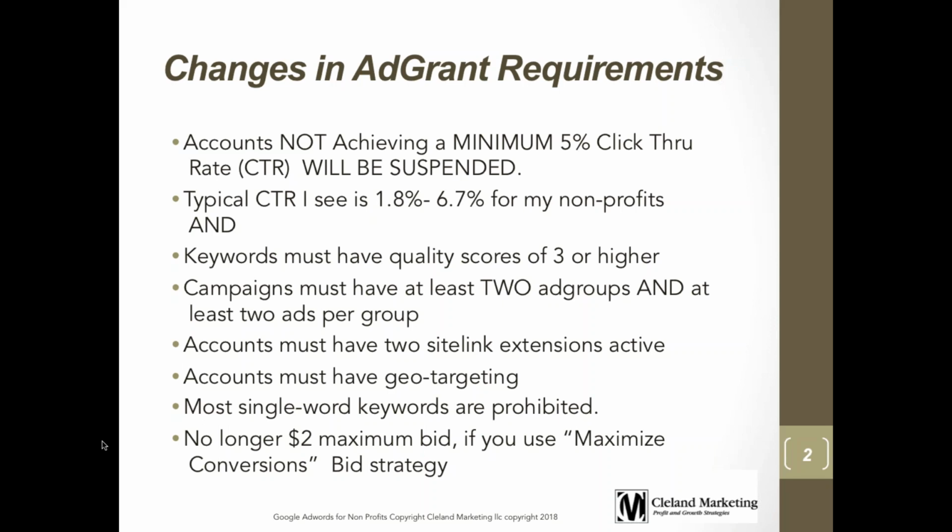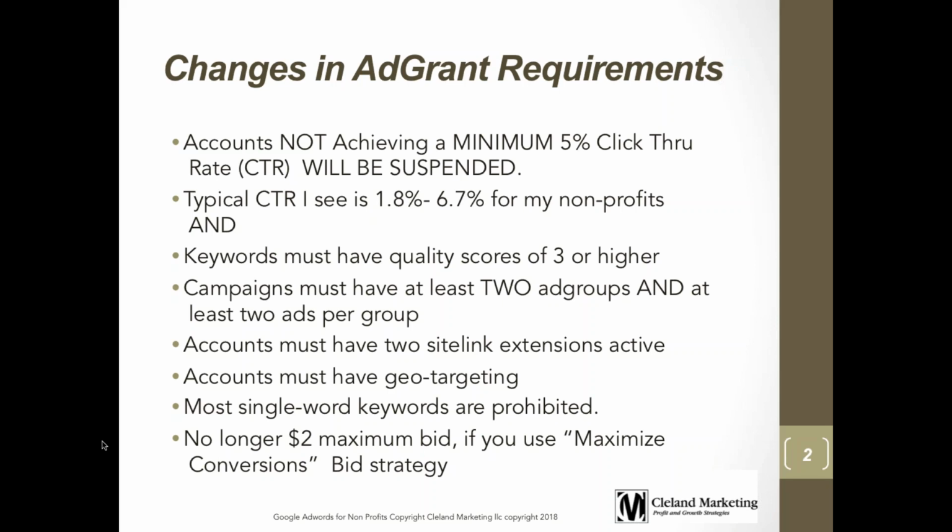They would also like you to be constantly adding new options on that ad text so that you're constantly improving the quality of your campaigns. The next requirement is that accounts must have at least 2 site link extensions active. Site link extensions is a feature within the ads that allows Google to go deeper into your website to deliver more detailed information, and they want you to enable them to do that by enabling site links.